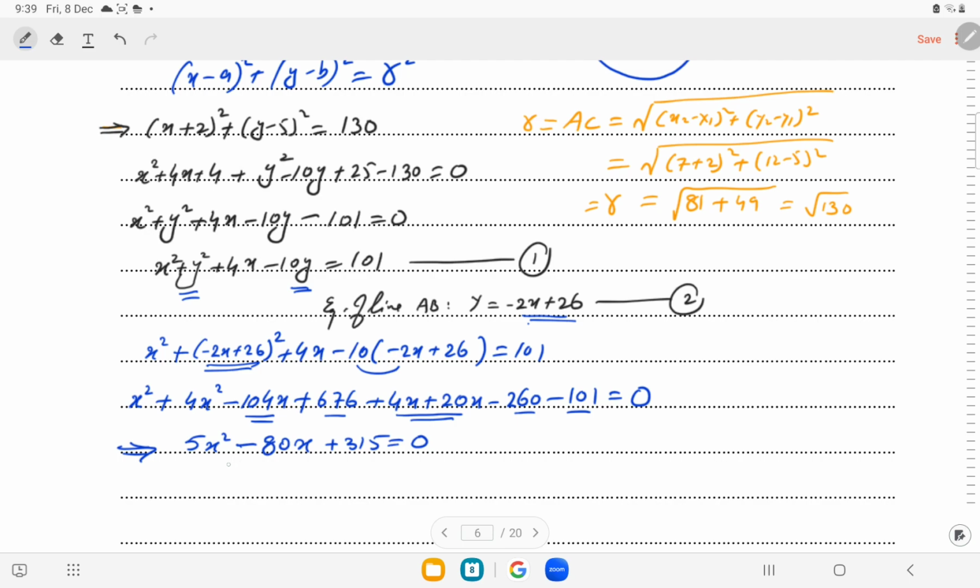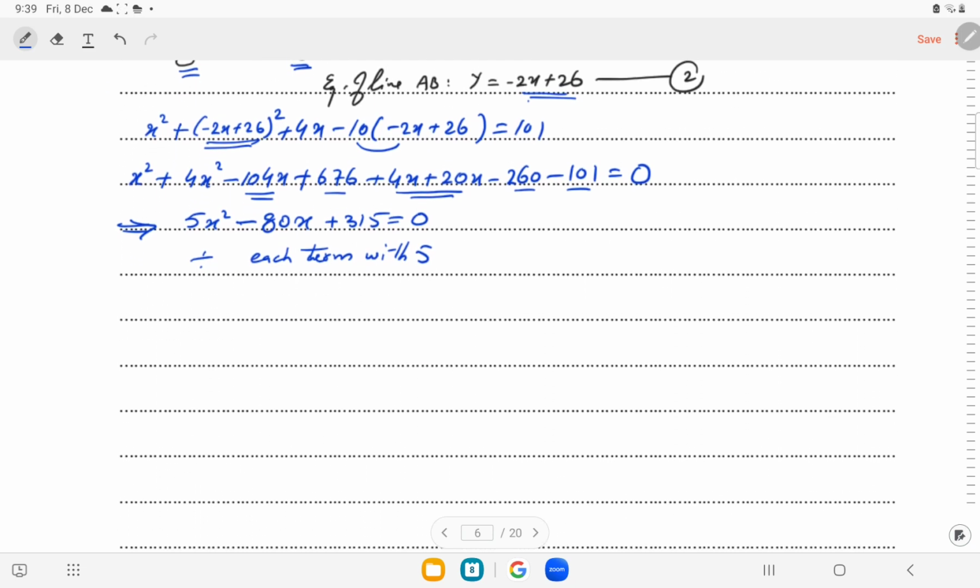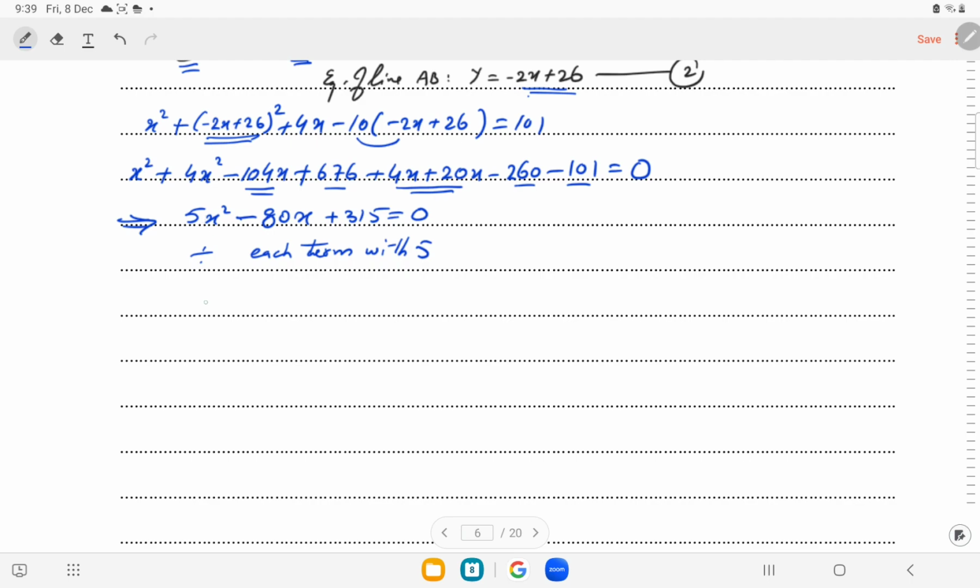Now we can further simplify it by dividing each term by 5 because it seems to be divisible. So you can see we'll get x square minus 16x plus 63 equal to 0.